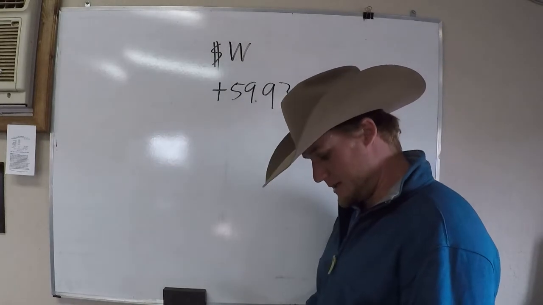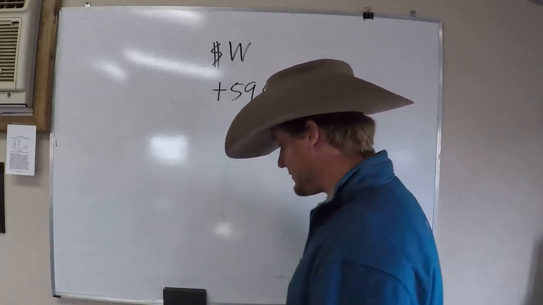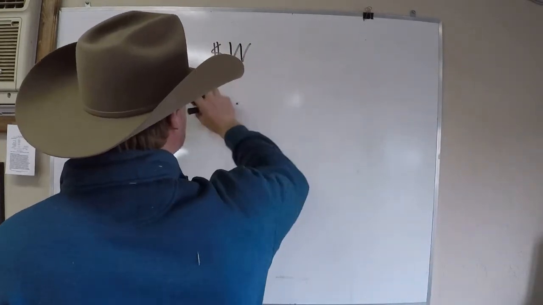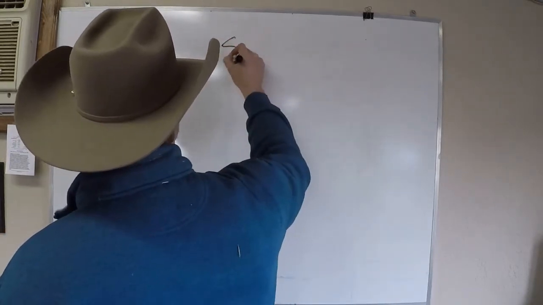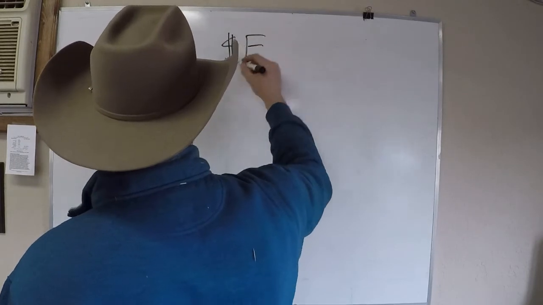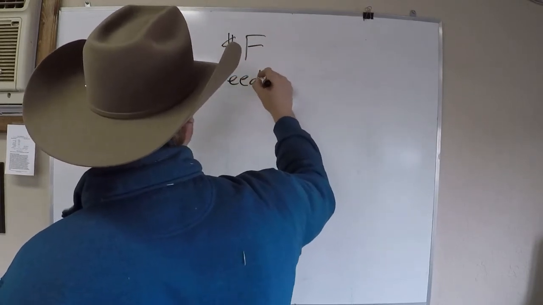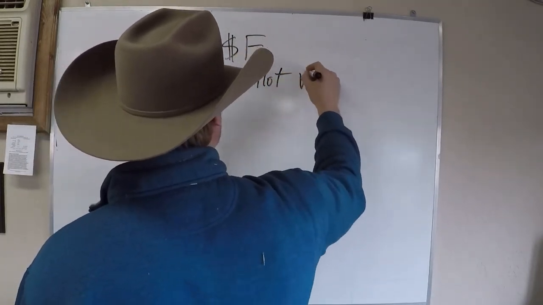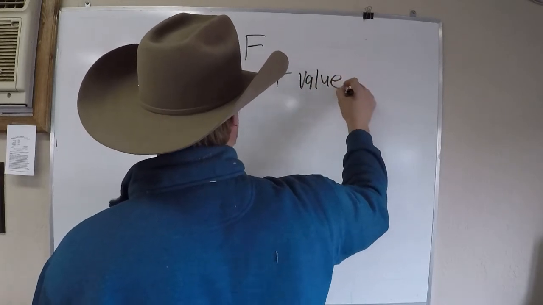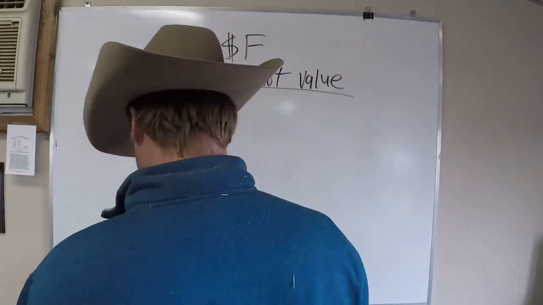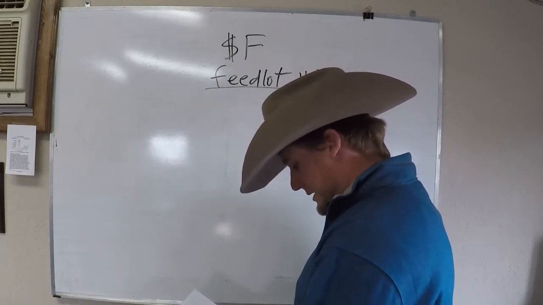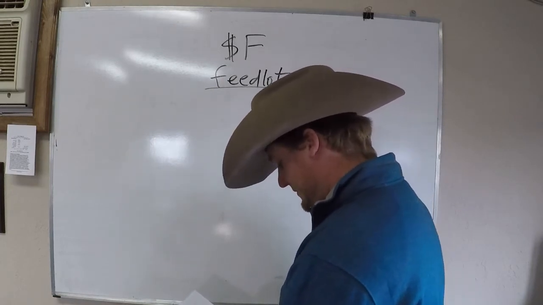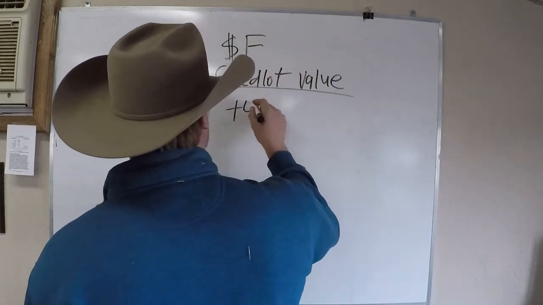So, feedlot value. The example they give you here is plus 46.38.